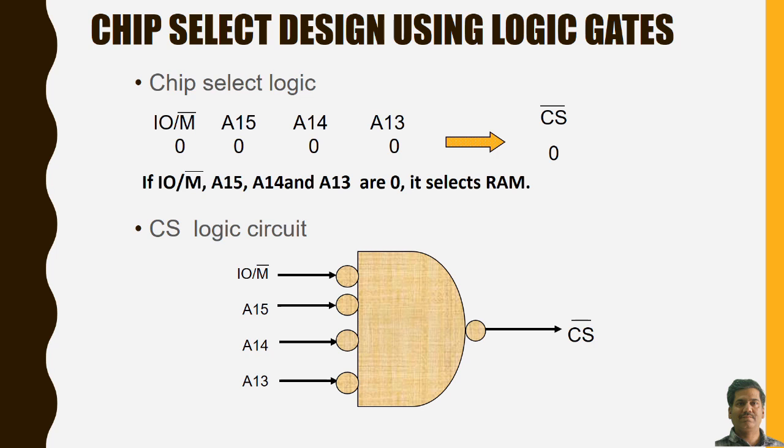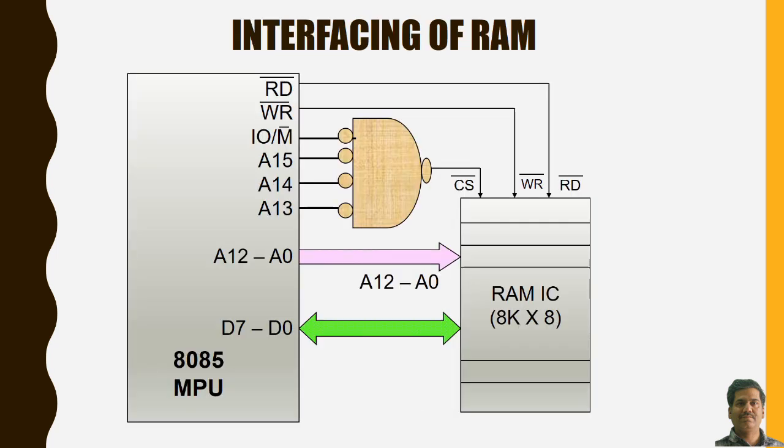Now in this case the bubbles are nothing but the NOT gates, and whenever we want the input signal to be 0, we represent it in this manner. So for the NAND gate, whenever all the signals are 0, in that particular case CS bar will become low and RAM will be selected. Let us see the entire figure.